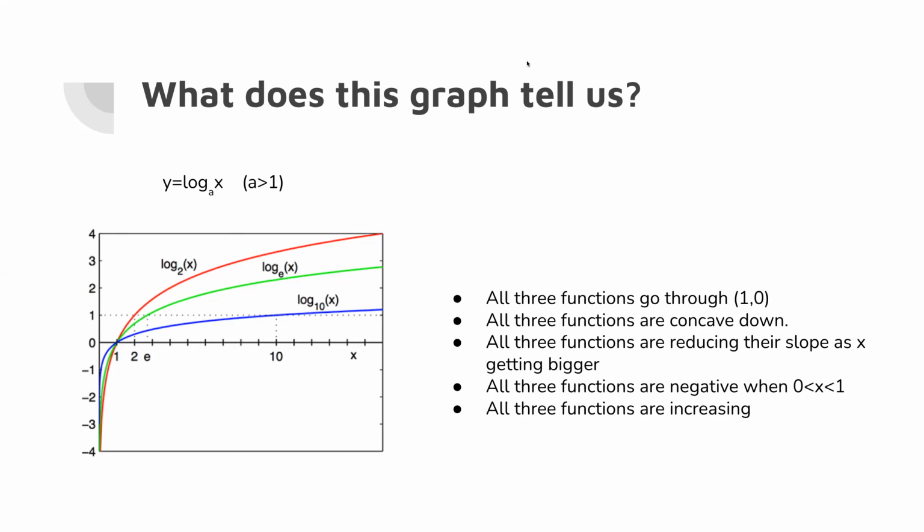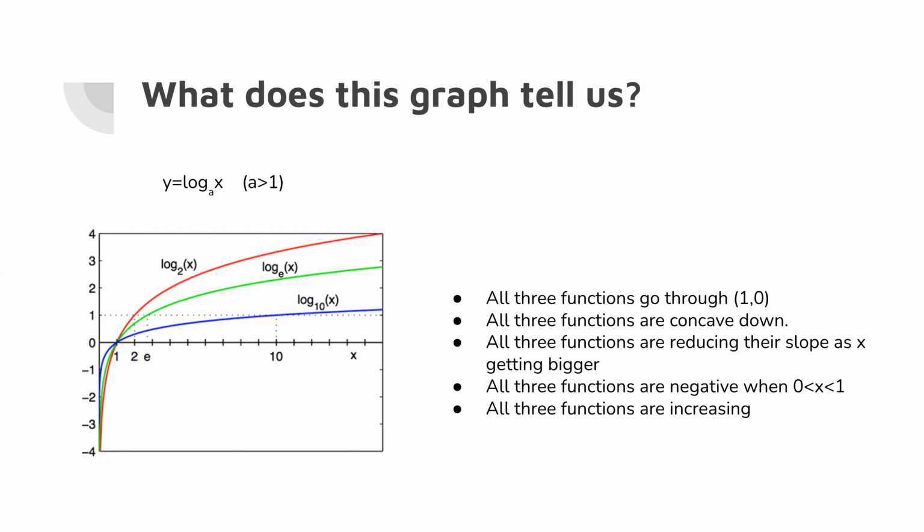So the graph of logarithmic functions tells us that all the logarithmic functions go through 1, 0, this point, and all three functions are concave down. However, one thing I must point out is that this only applies to base that are larger than 1, and if it's smaller than 1, it is concave up.